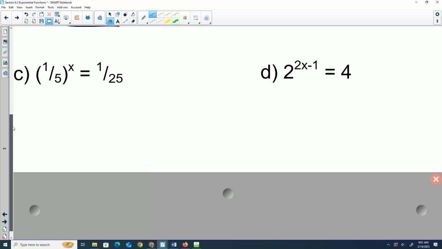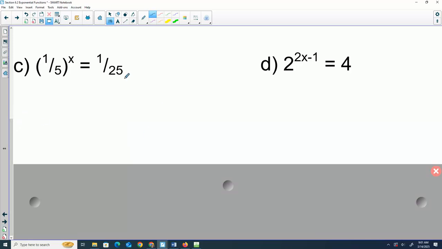Your base doesn't have to be a whole number. Your base could be a fraction. There are sometimes different ways of solving it, but if I looked at this problem, one fifth to the x equals 1 over 25.